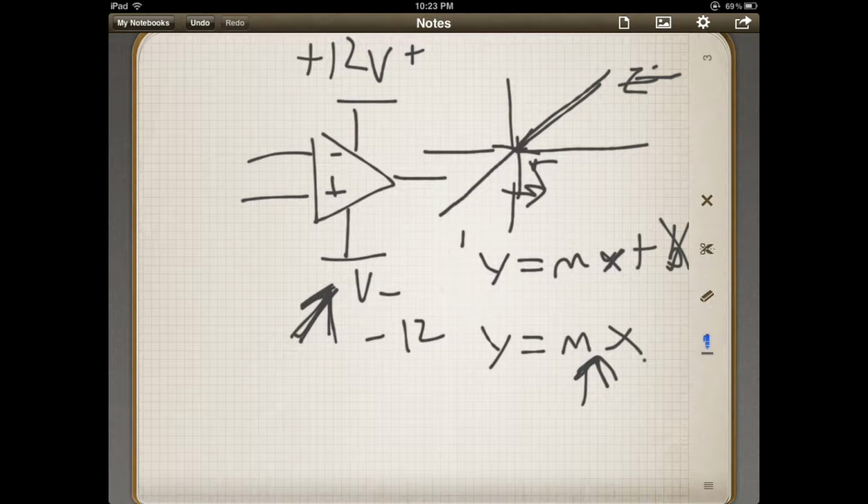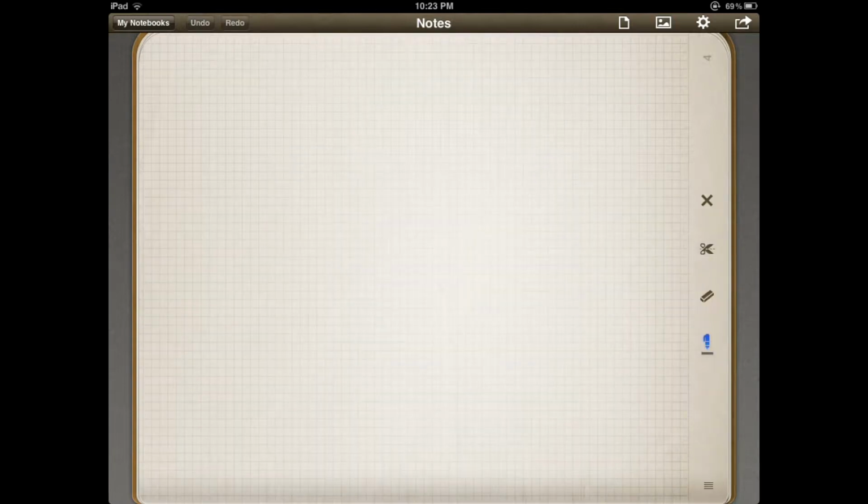So anyway, guys, I think I'll probably stop here, just because I don't want these videos to get incredibly long, and plus I want to make a few of these because there's a whole lot of different configurations that you can have. But for right now, that is the inverting op amp.